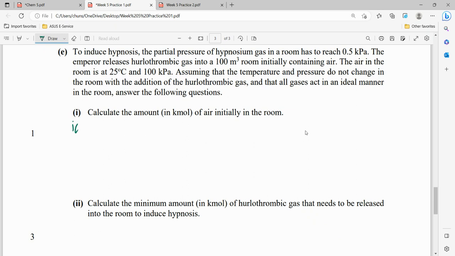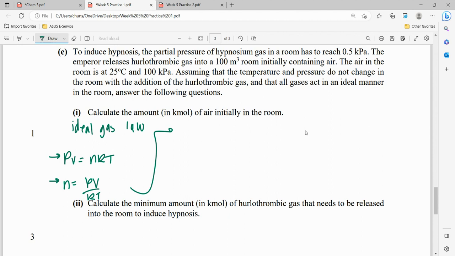So we can just use ideal gas law. This is PV equals nRT. We're going to isolate for n, so n is equal to PV over RT. So we're given 100 kilopascals, and our volume is 100 meters cubed.